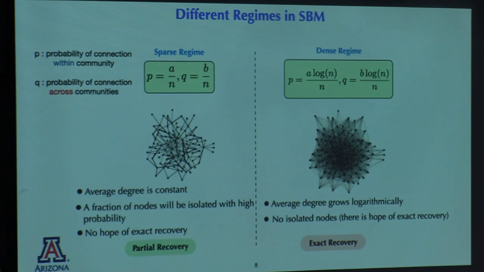So you can imagine the average degree now grows faster, logarithmically with n. In this case it turns out that there are no isolated nodes, so everybody is connected to at least one node in the whole graph. And then there is hope of exact recovery, and people have studied this setting. So that's what I call the sparse regime and the dense regime, where by sparse and dense I mean the average degree.